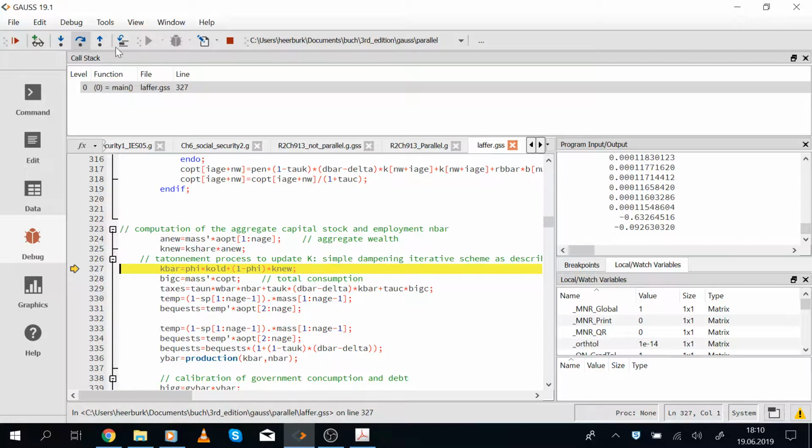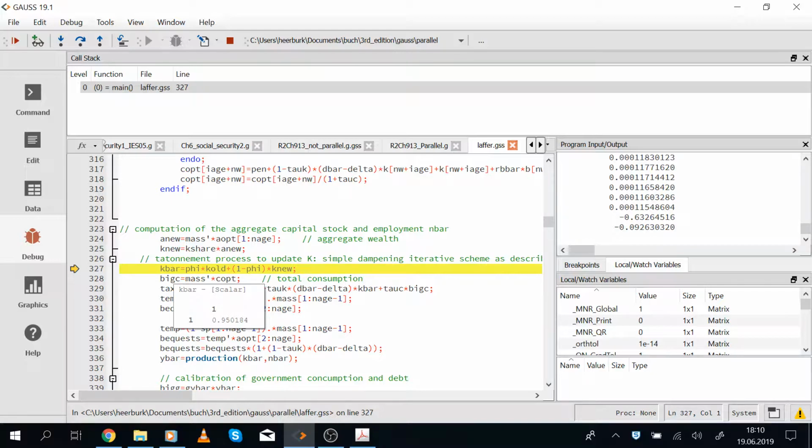We start with K bar, K old, which is stored. We find a new value of the aggregate capital stock, which is simply the sum of the individual capital stock, and use it as the new value K bar.